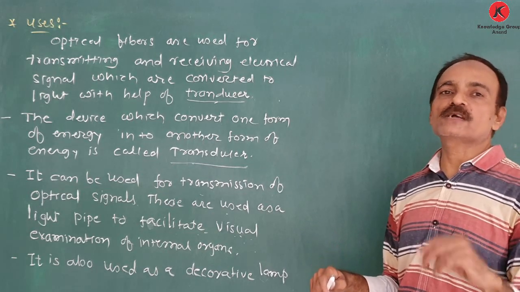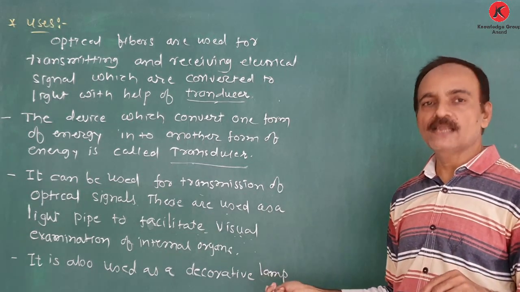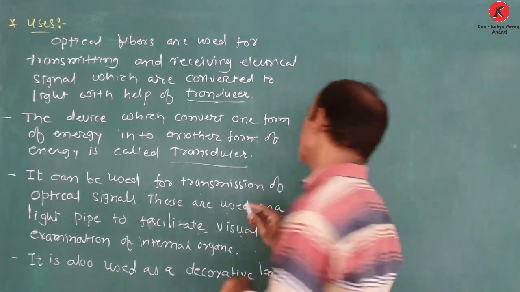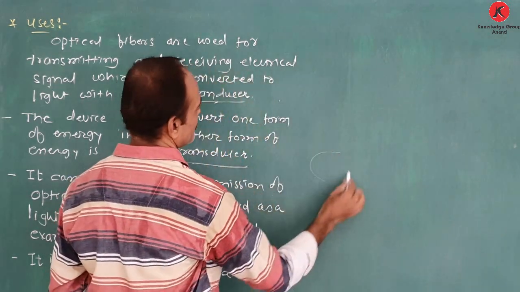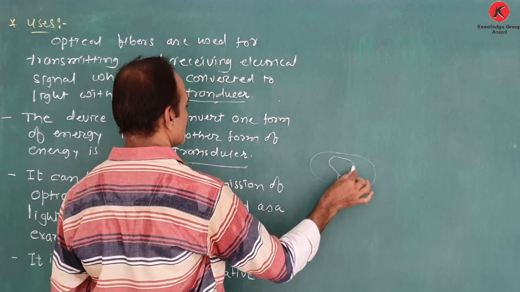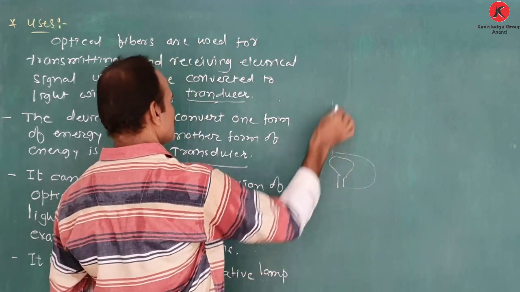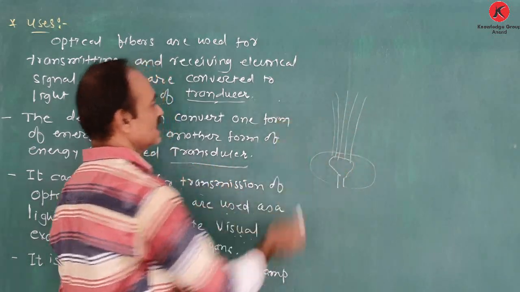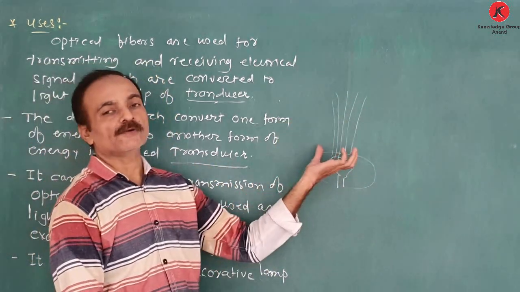And also, in decorative lamps, fiber optics are used. In a decorative lamp, generally there is a holder and the lamp is given. Here the fiber optics are inserted like a fountain.